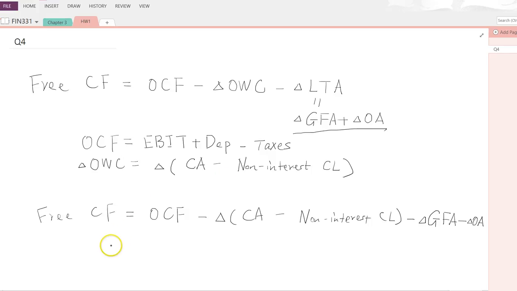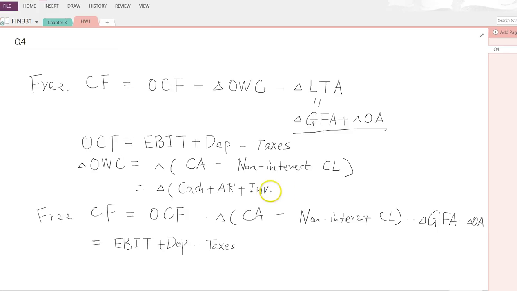So now let's plug in everything into this formula for free cash flow. So this is EBIT plus depreciation minus taxes. I can actually further write down, if I assume the current assets is simply the sum of these three major items: cash, accounts receivable, and inventory.